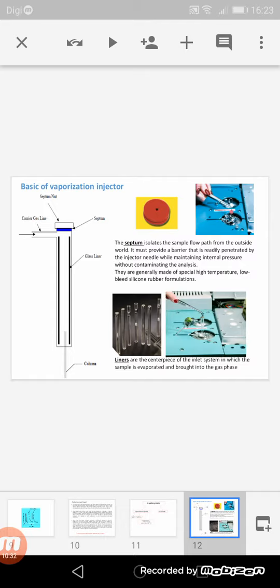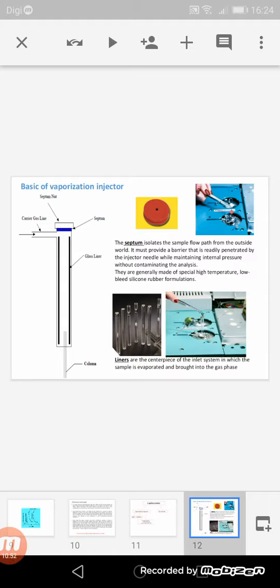So these are the figure of the liner at the centerpiece of the inlet system, in which the sample is evaporated and brought into the gas phase. After going through the vaporization process, the sample will be passed to the column.